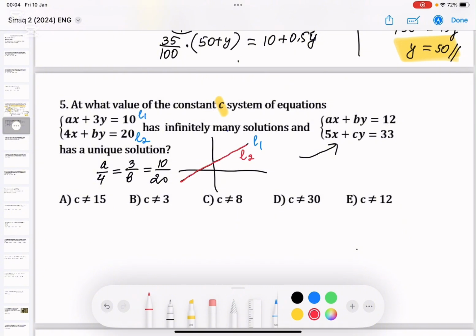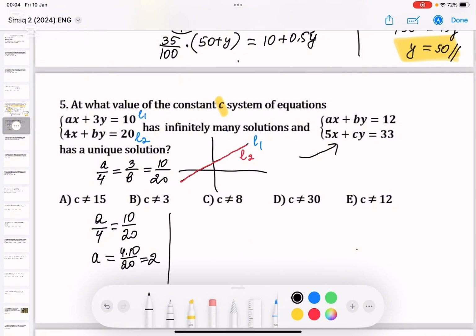Given these ratios, we can find the value of a from the first ratio and the third ratio. If we equate a over 4 to the third ratio, 10 over 20, we have a equal to 4 times 10 over 20, or 2.